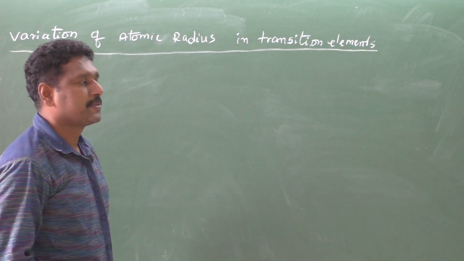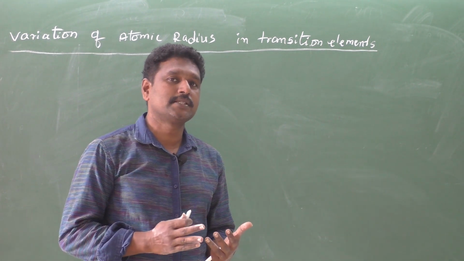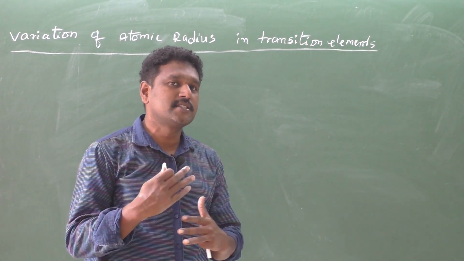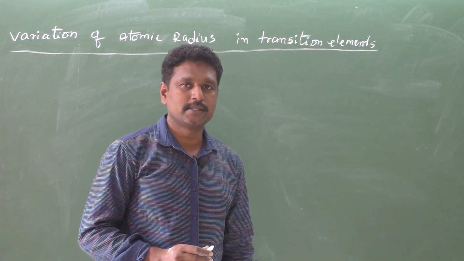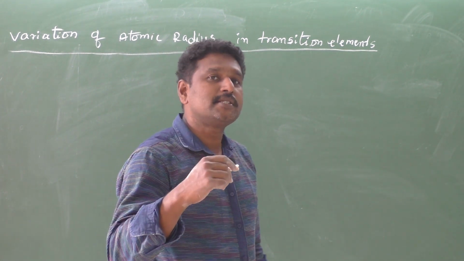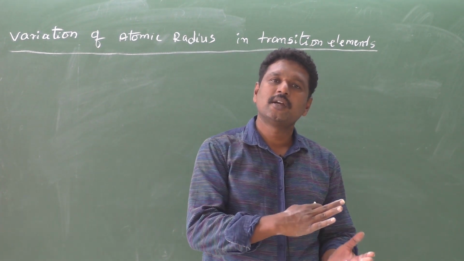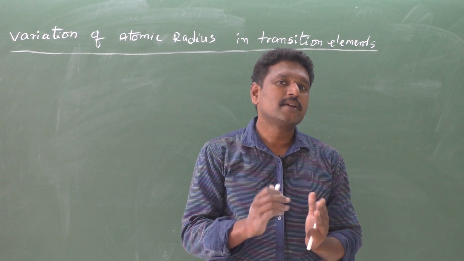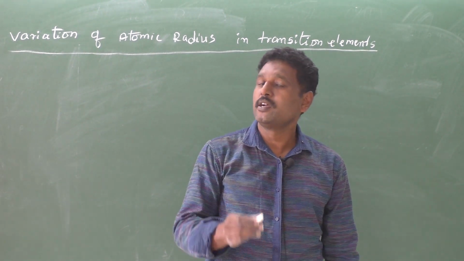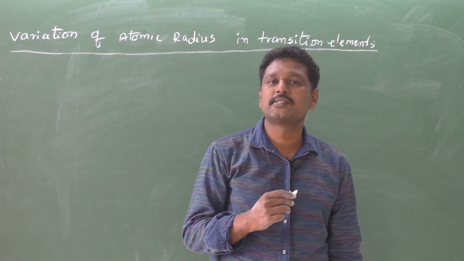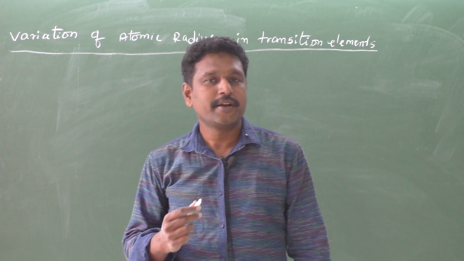But compared to the representative elements, the decrease is not that pronounced. In representative elements the change is more, but in transition elements it decreases only a little bit. That is the only difference between transition element atomic radius and representative element atomic radius.